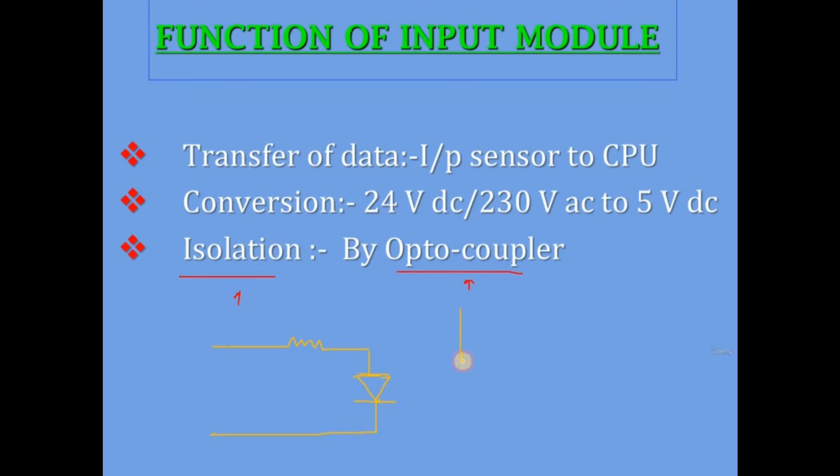As you all are aware, the transistor has 3 different terminals. I'm just highlighting the terminals. This one is the collector, this one is the gate, and this one is the emitter.